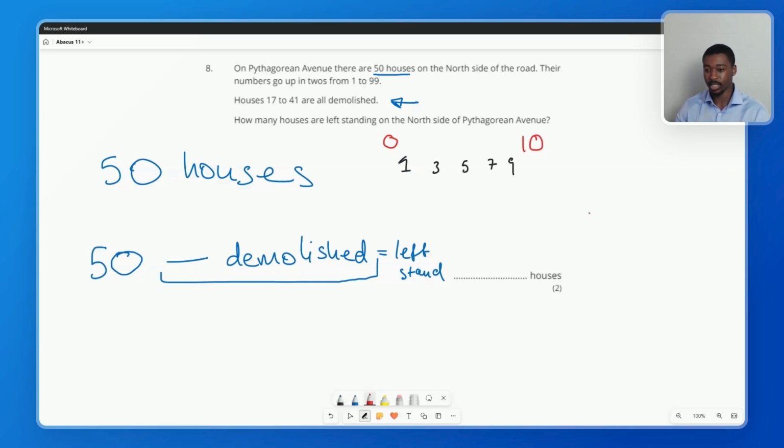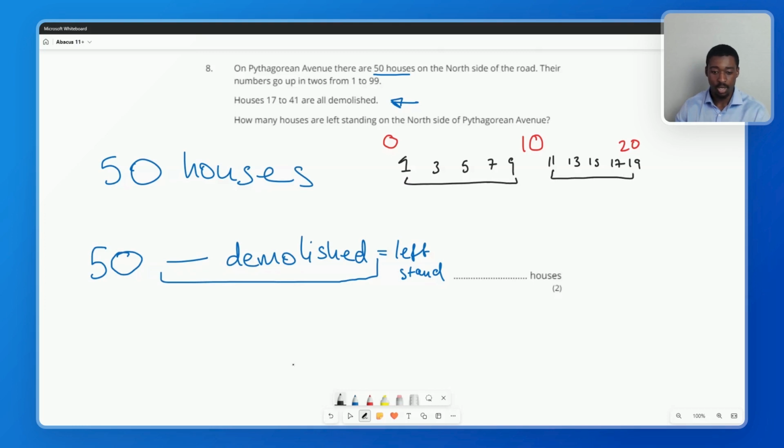Between 10 and 20, same thing: house number 11, 13, 15, 17, 19. So between a gap of 10, so 0 to 10, 10 to 20, 20 to 30, we should have 5 houses.